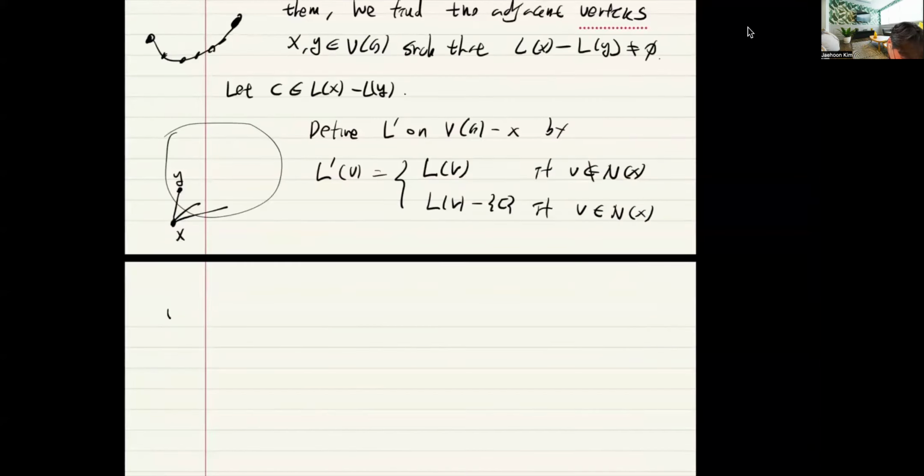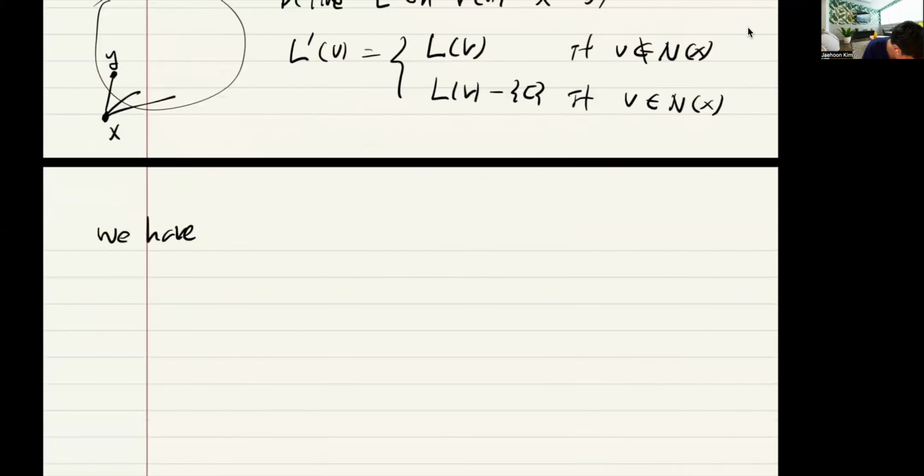Then what? We have the size of L prime of v is at least the degree of v in G minus x. So you consider this subgraph of G, which is obtained by deleting this x.